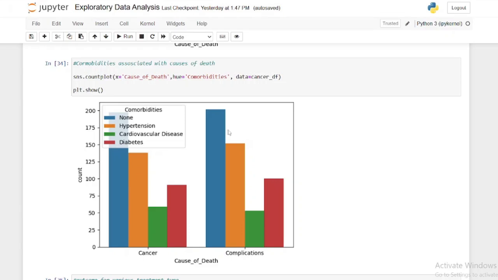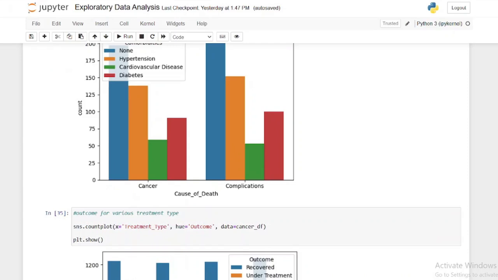So you can see the spread of the various comorbidities across the 2 different causes of death. More patients who died as a result of cancer had hypertension, while fewer had cardiovascular disease and diabetes as a comorbidity. Same thing for patients who died as a result of complications from cancer.